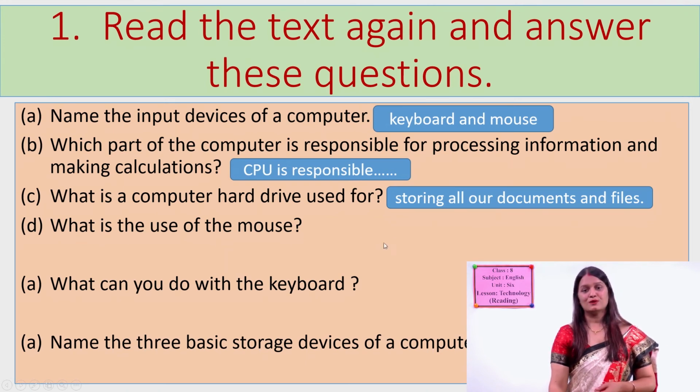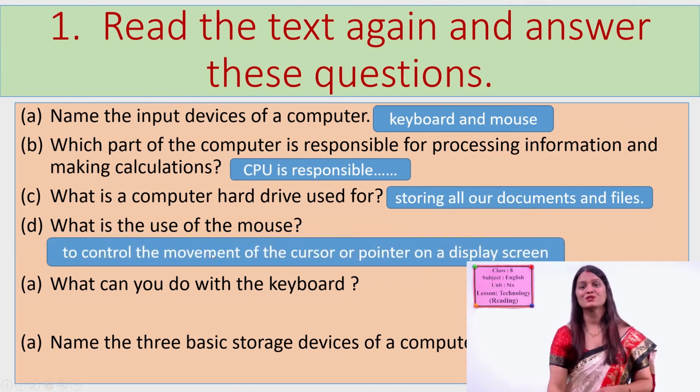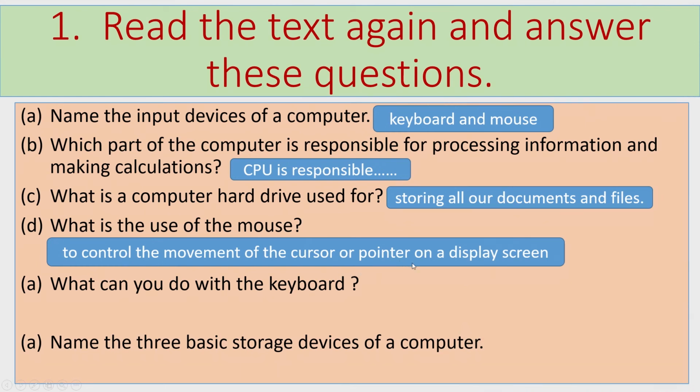What is the use of the mouse? Mouse work is, yes, to control the movement of the cursor or pointer on a display screen or on a monitor, right? So what can you do with the keyboard?